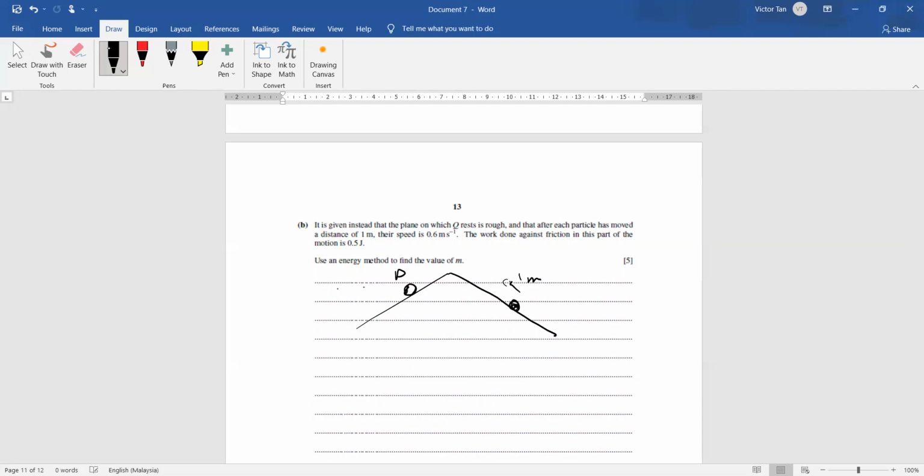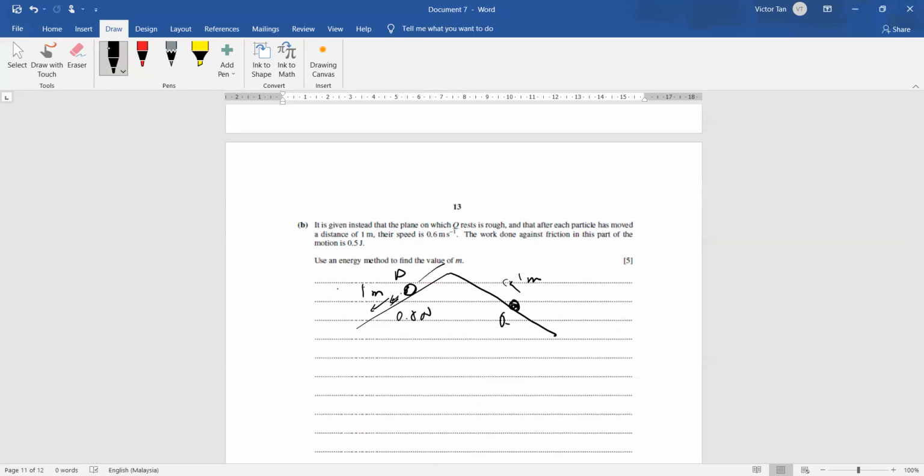P moves down also 1 meter, with a force of 0.8 newtons pushing it.